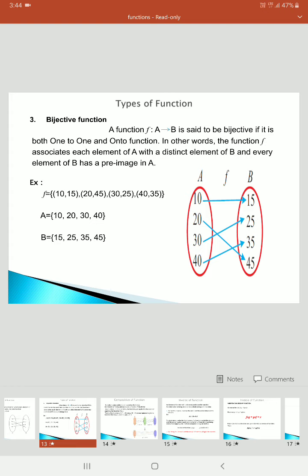In other words, the function associates each element of A with a distinct element of B and every element of B has a pre-image in A. That is f equals (10, 15), (20, 45), (30, 25), (40, 35) as ordered pairs.